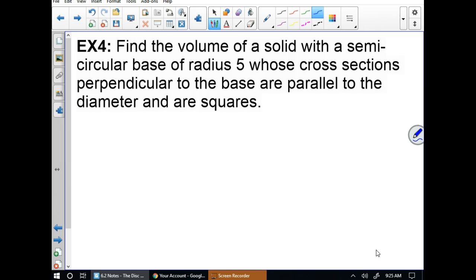It doesn't tell us where the circle's at, whether it's moved up 7 to the left 4, any of that. So since it doesn't tell us where it's at, the easiest thing to do is to put it at the origin, right? So that means that our equation for our circle is just going to be x squared plus y squared equals the radius squared, so 5 squared is 25.